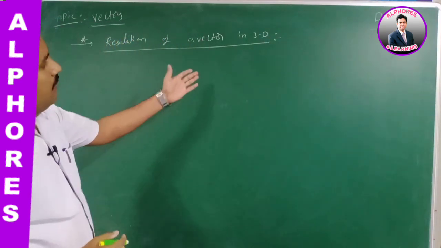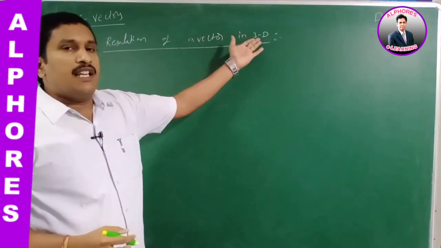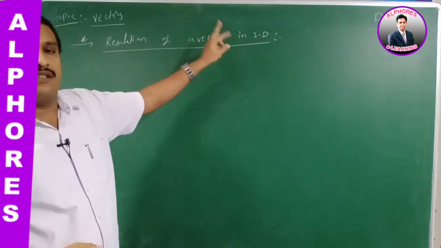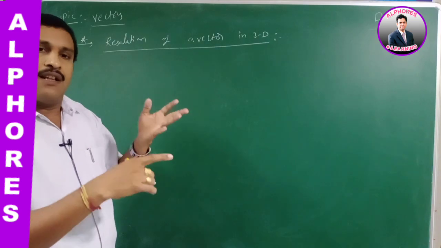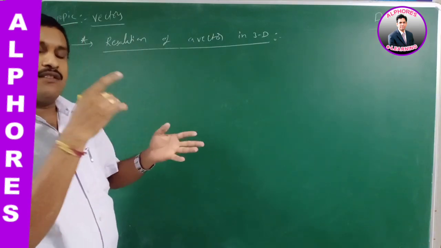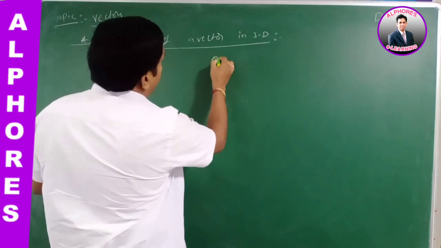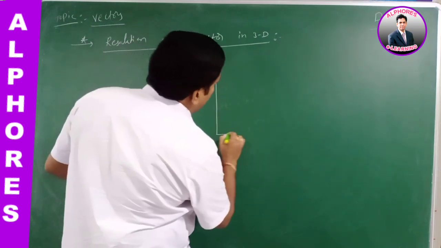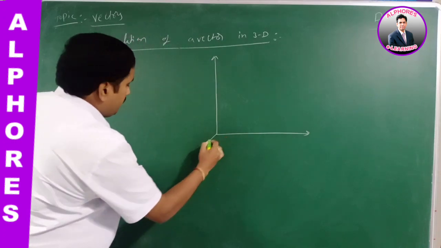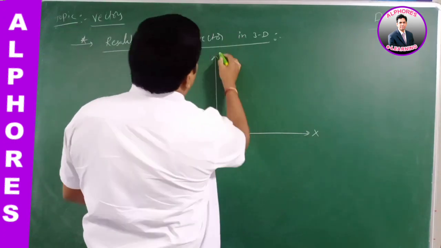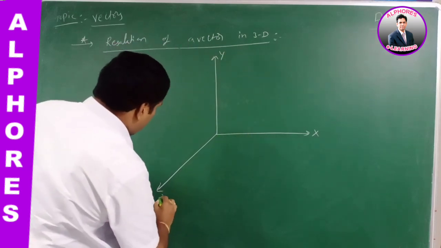A vector which is resolved in 3 dimension: initially 2 dimension means 2 coordinates, 3 dimension means it has 3 coordinates. One is along x-axis, another along y-axis, another along z-axis. For this explanation, I am taking the 3-dimensional rectangular coordinate system. Let us say this is x-axis, this is y-axis, this is nothing but z-axis.